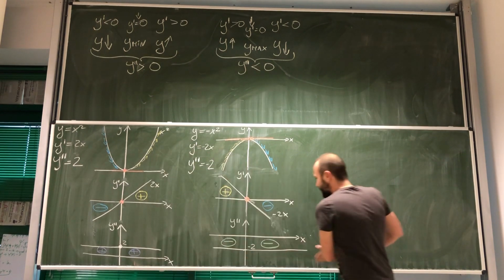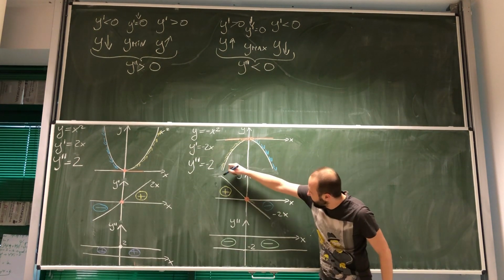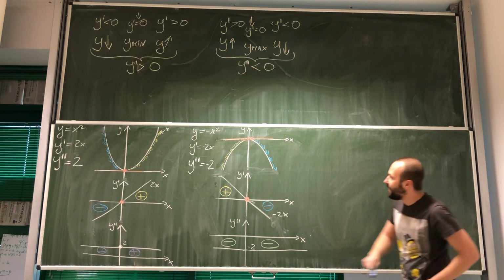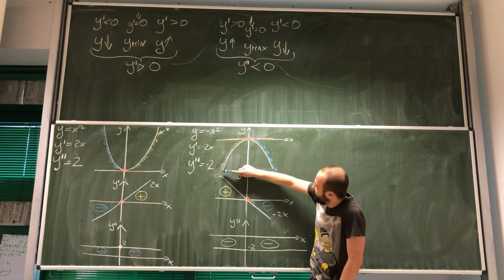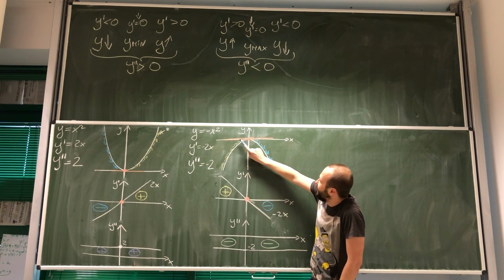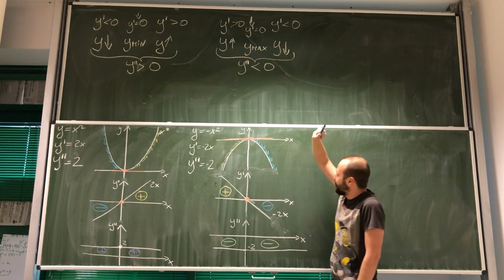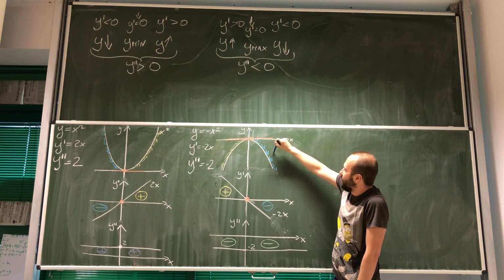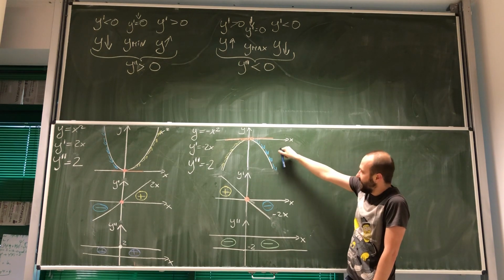We remember that the second derivative is telling us that the first derivative is downward sloping. What does it imply? It implies that this function at the beginning is increasing, but it's increasing slower and slower.